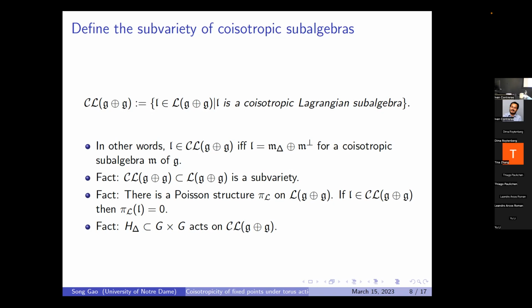So far, let me write a brief summary here. We've defined the variety of Lagrangian subalgebras, which is a subvariety of the Grassmannian.